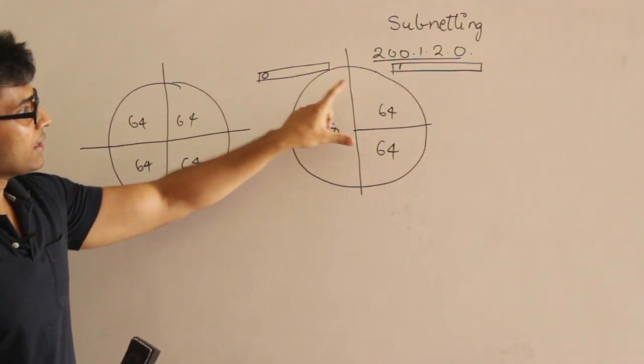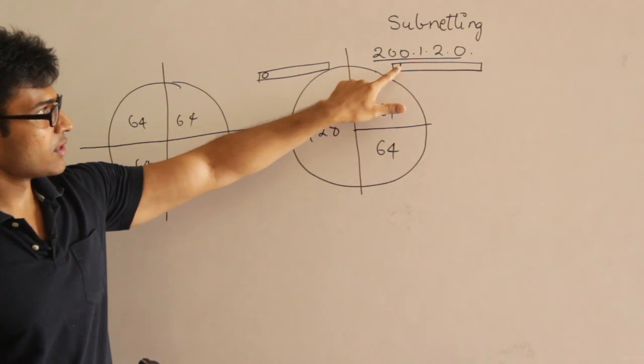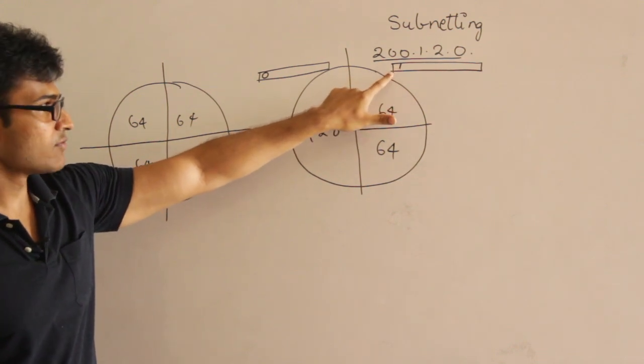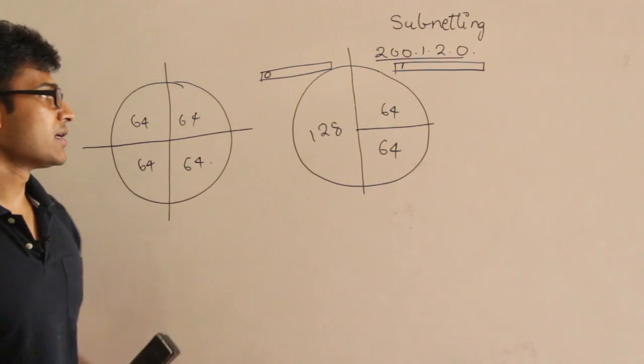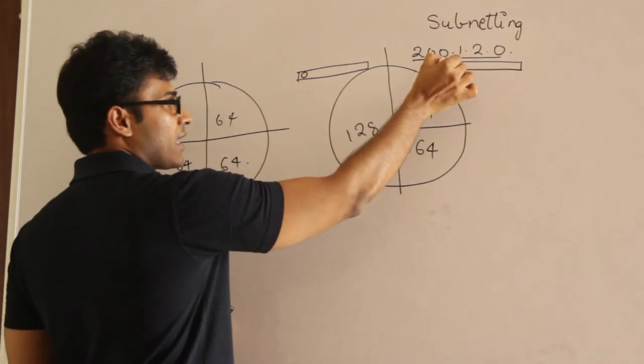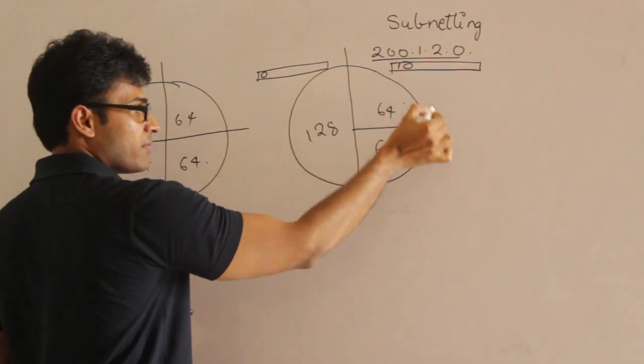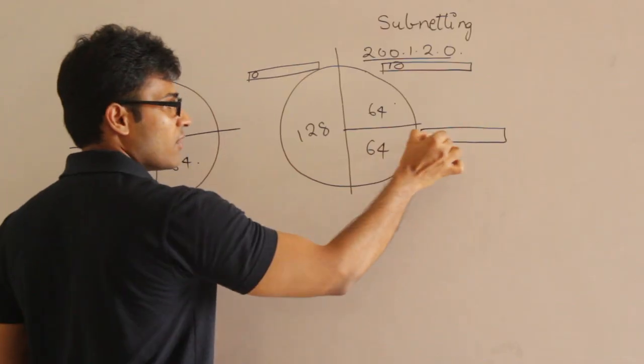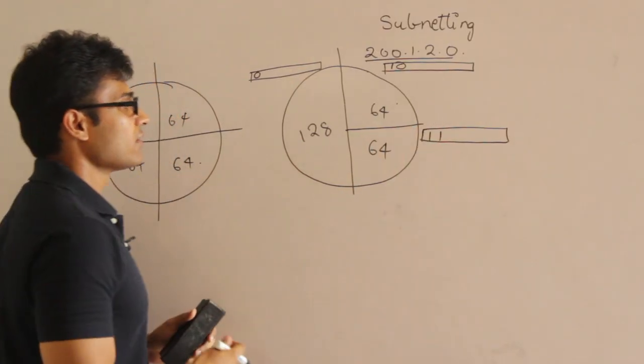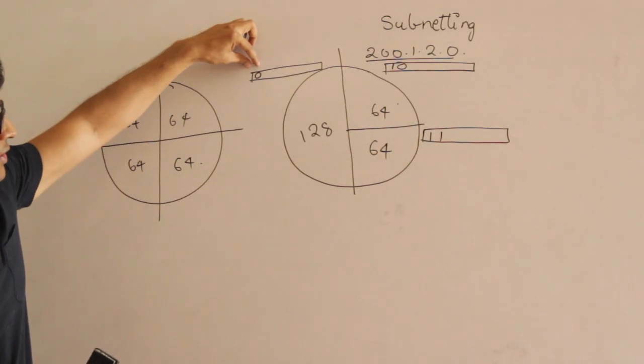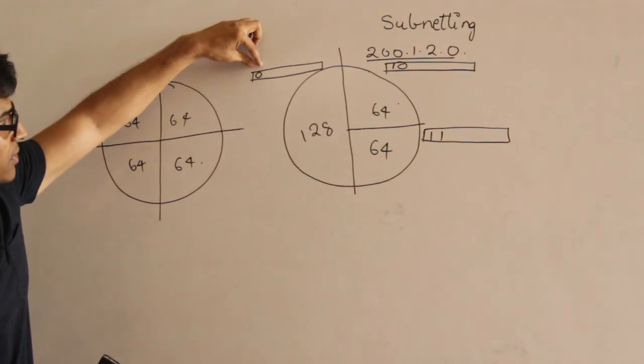Now in the remaining half, wherever the bit was chosen as 1, I'll choose the second bit in such a way that the second bit will be 0 for one subnet and the second bit will be 1 for the other subnet, right?